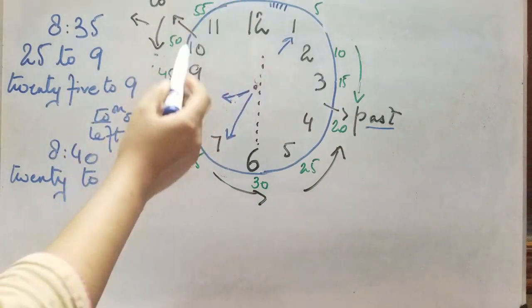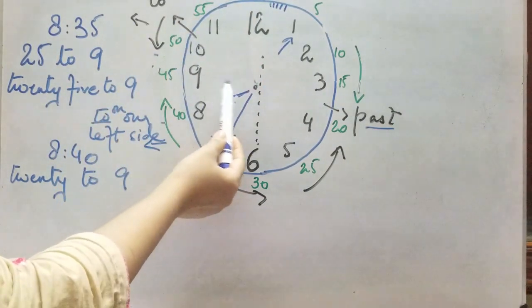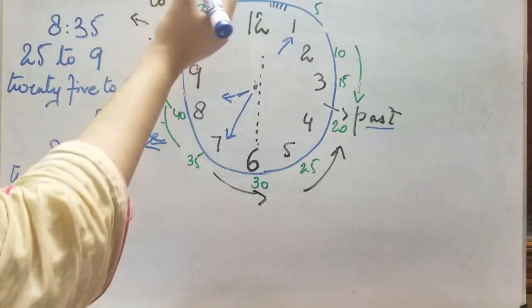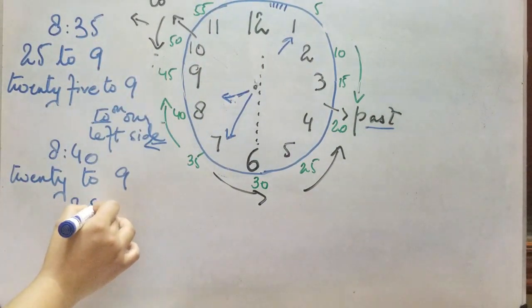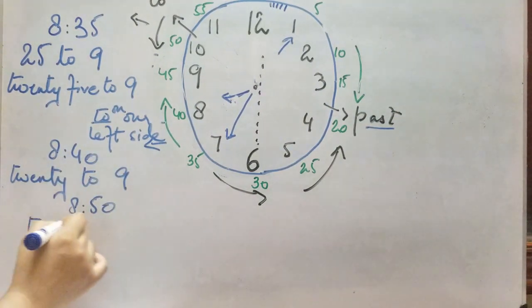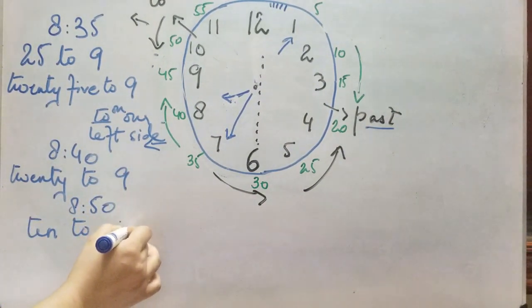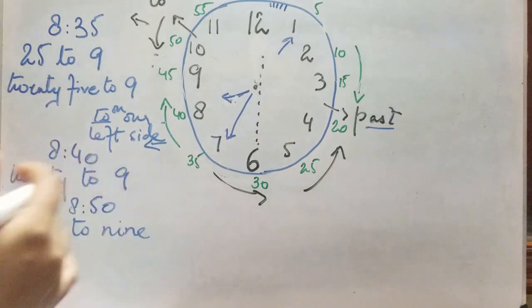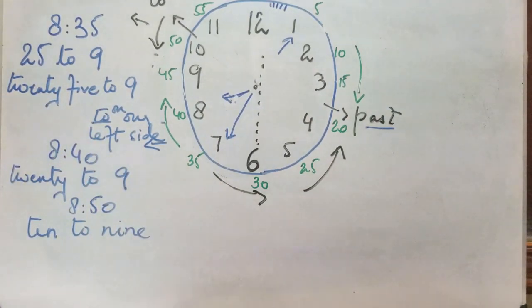Similarly, I'm not going to use this 9 over here, I'll tell you later on. For 10 and 11, if it was 8:50, what are you going to say? 10 to 9, right? 10 to 9. That means the person is trying to tell you that 10 minutes are left to 9. It's going to be 9 o'clock after 10 minutes. I hope this is clear.